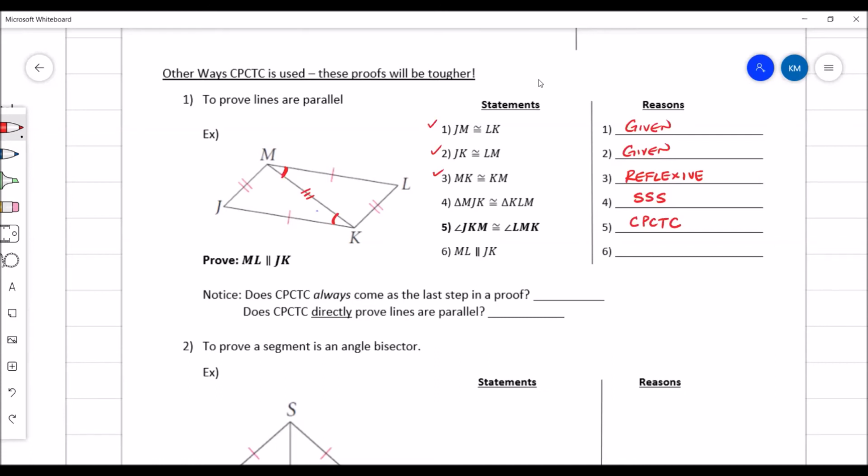And so you see here that these 2 angles are alternate interior angles. And since they're congruent to each other, we can use the converse of the alternate interior angles theorem, which states that if alternate interior angles are congruent, then the lines are parallel. Okay, and so there we have it.